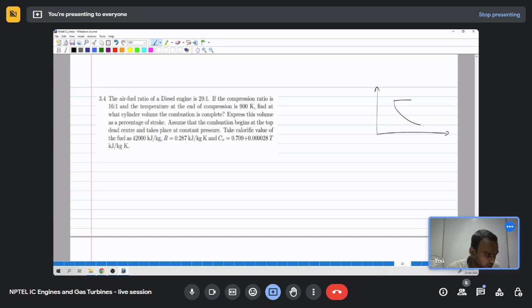That clearly says it is similar to an air standard diesel cycle, and then you will have the expansion, right? So now we want to find at what volume the combustion stops, or the combustion is complete.